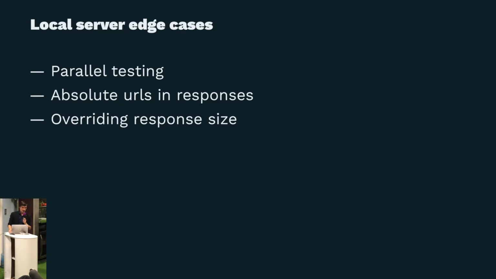Another problem is that sometimes our backend returns us absolute URLs in responses to some resources, for example, images. And if we want to intercept these requests too, and not just let the application go silently to the backend, we need to change these URLs in the response. And here we had a problem because sometimes we get these URLs not just as a property in JSON, but as a part of another URL as a query parameter.